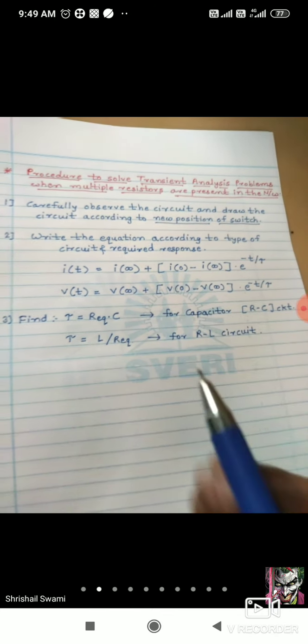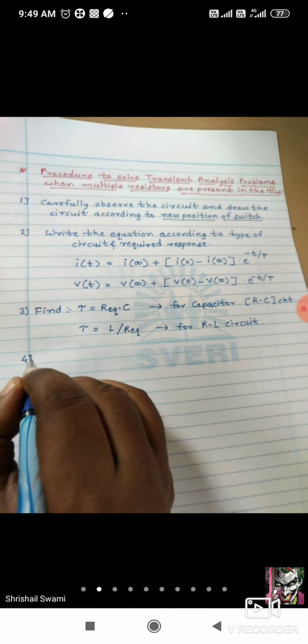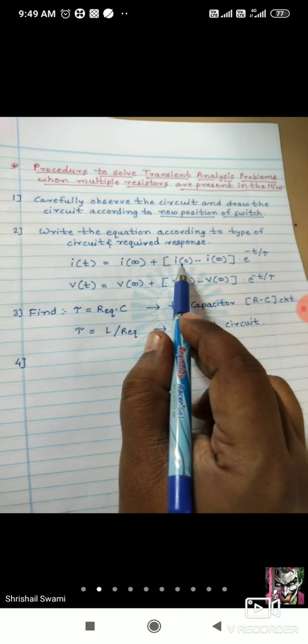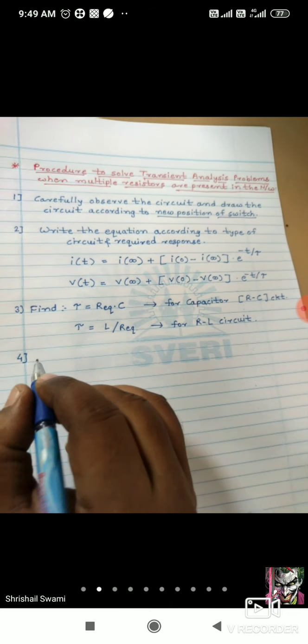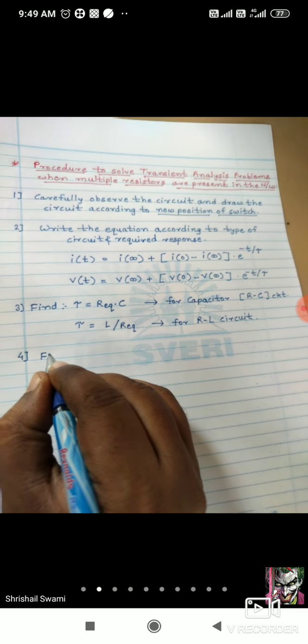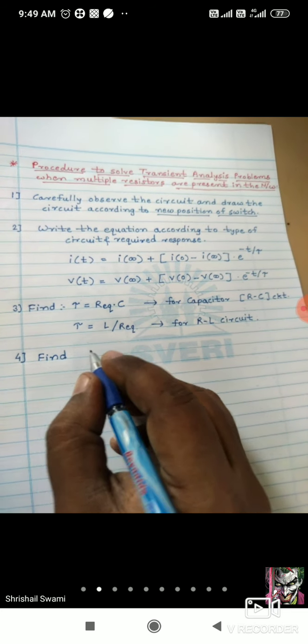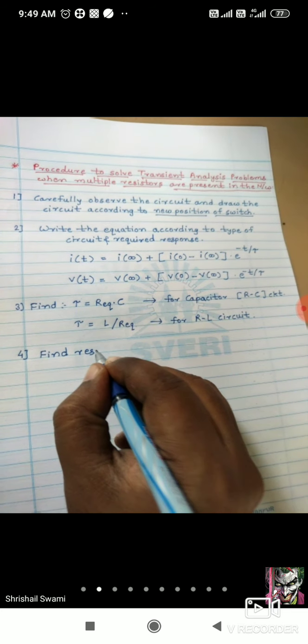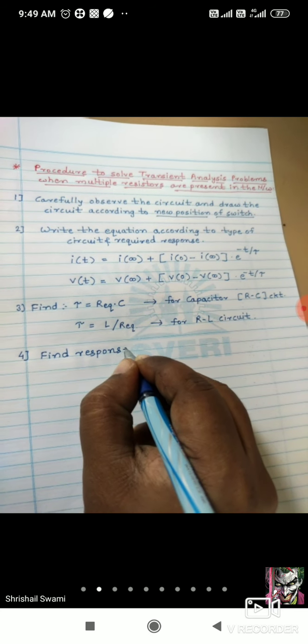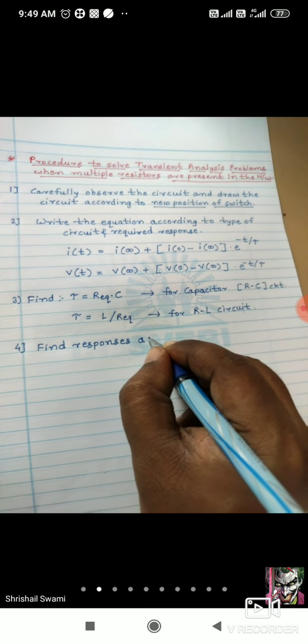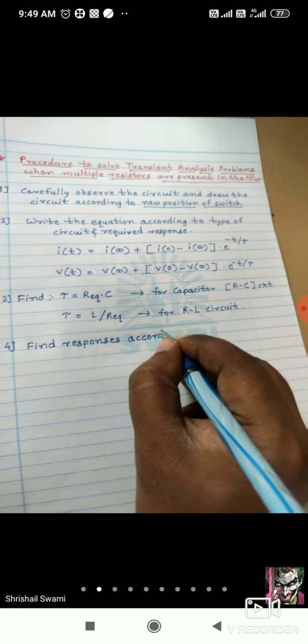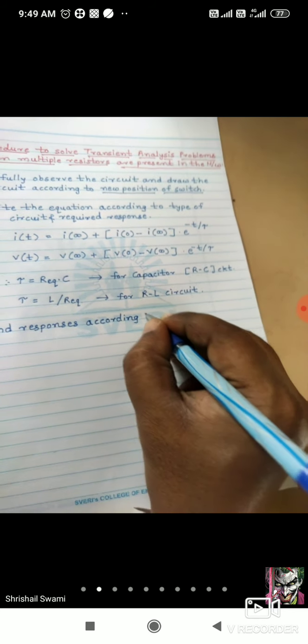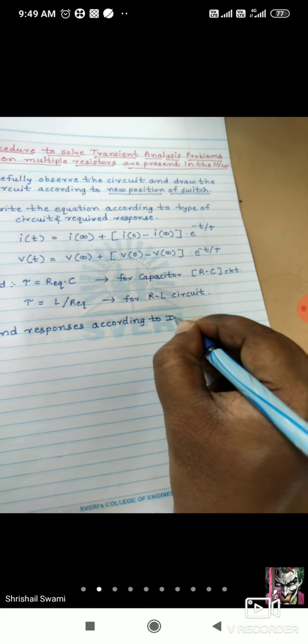For that only we are considering all these steps. Understand? So the fourth one is how to find this I of 0. I of 0 means initial conditions. So find responses according to initial condition.